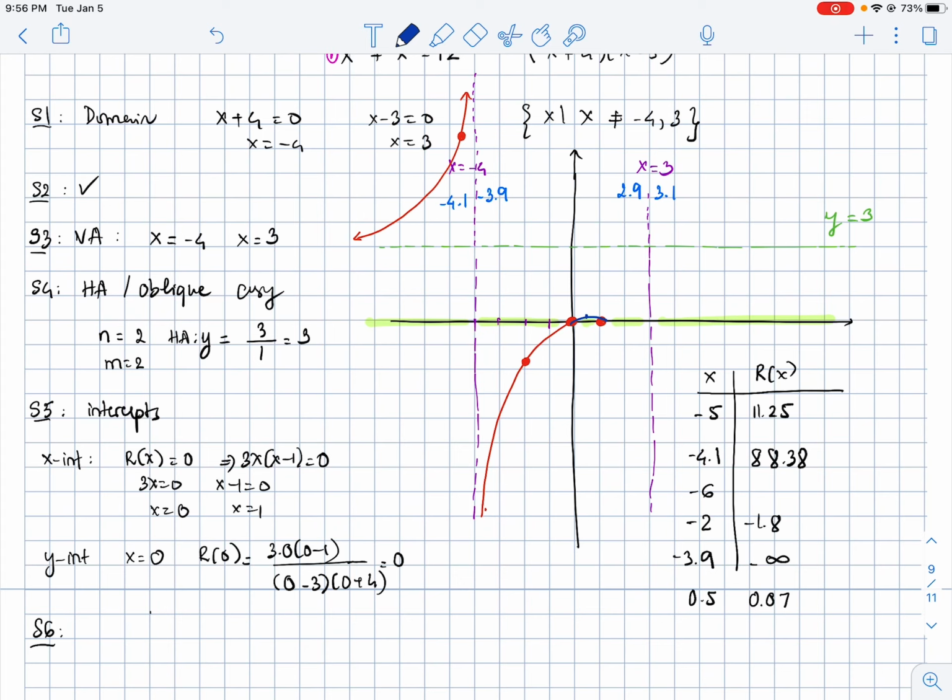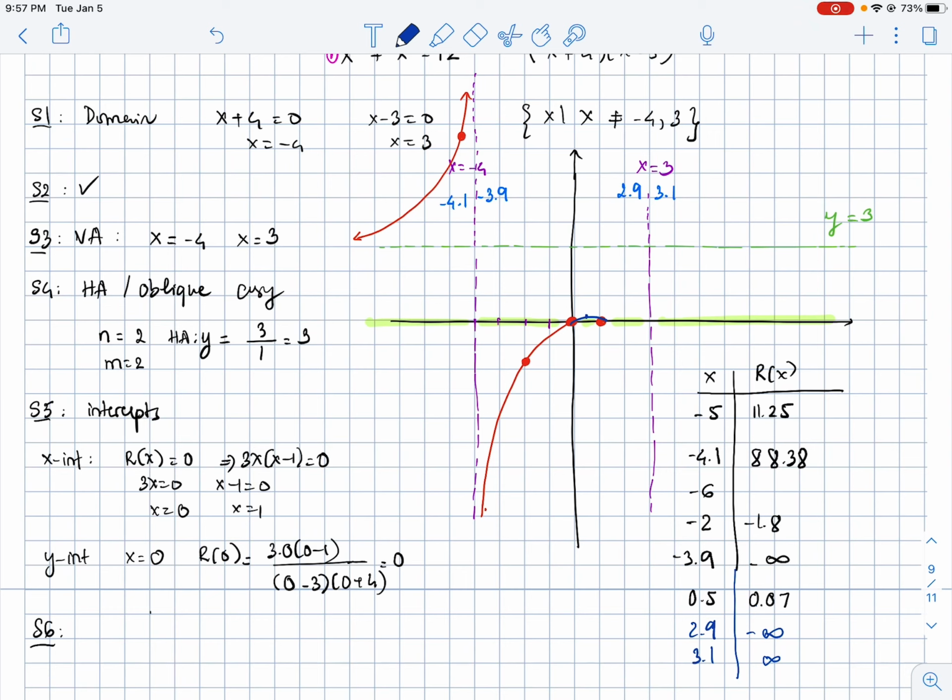And then you will make 2.9 and 3.1. There will be a very big number or a very small number.